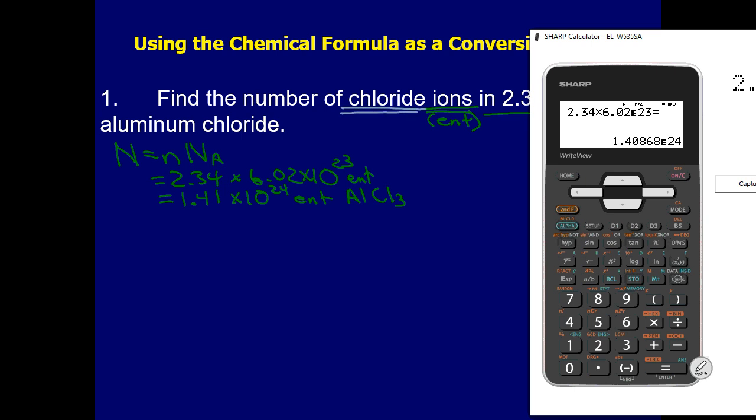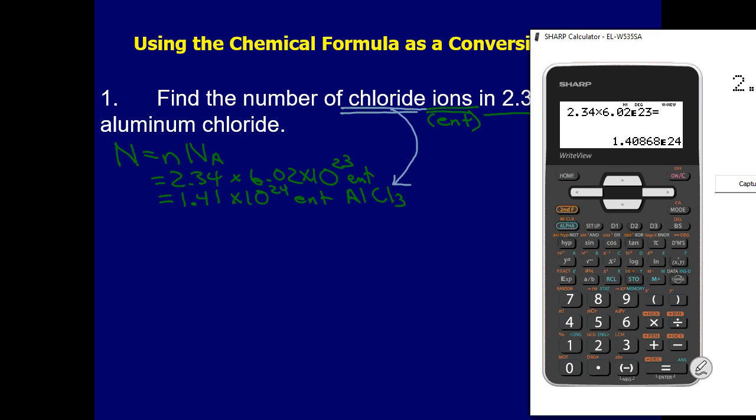In other words, I just want to find the Cl's. Notice there are 3 chloride ions in each aluminum chloride. Realistically, it simply means that I have to multiply that final answer by 3, because there are 3 chlorides in each aluminum chloride.